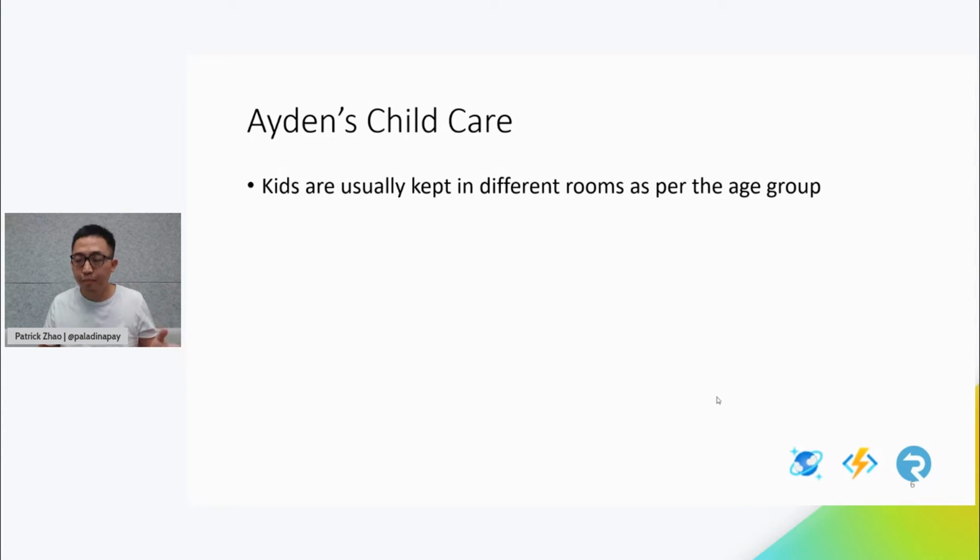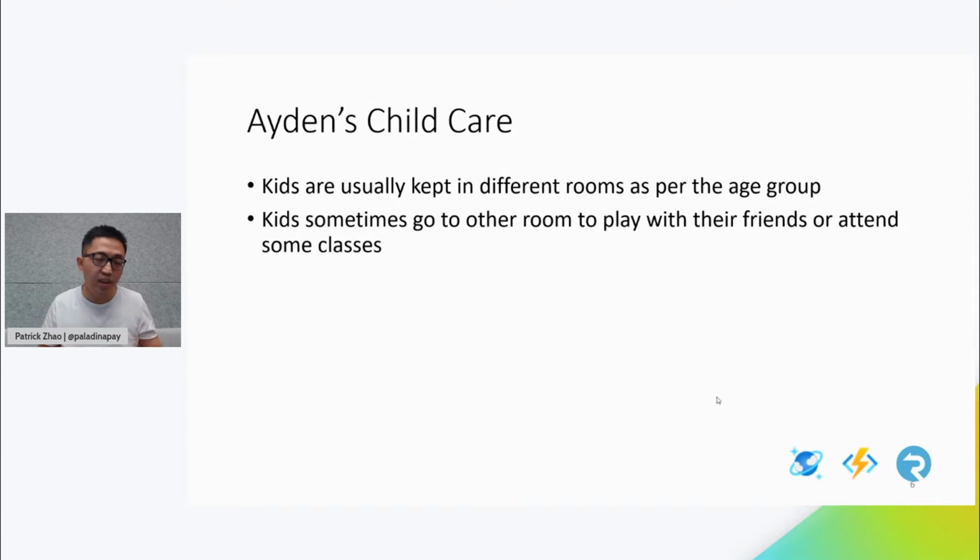Throughout the day, the kids will spend most of their time in the room that they're assigned to. However, these little creatures are very active. So the exception is that sometimes they want to go to another room to play with their friends or attend some classes. So this would affect the social distancing that we try to apply in the premise of childcare.